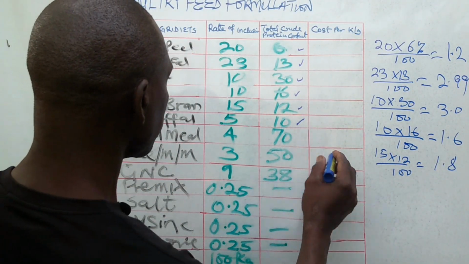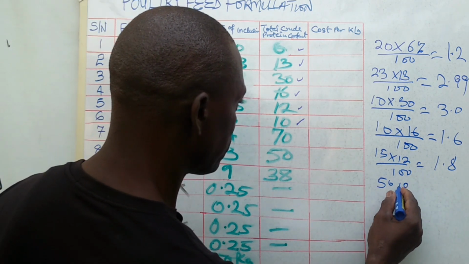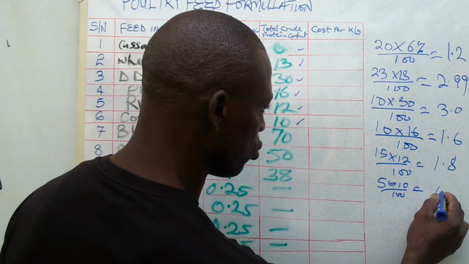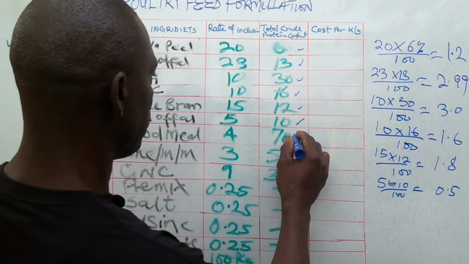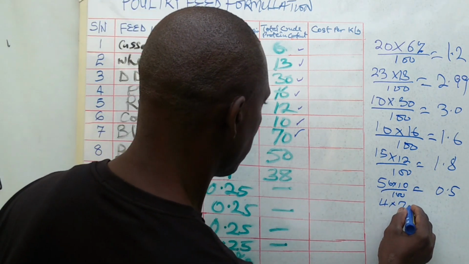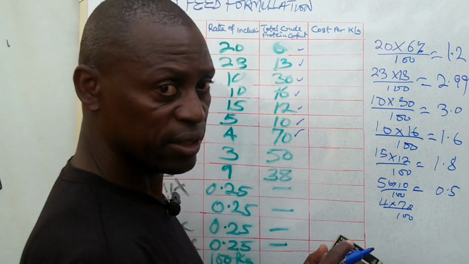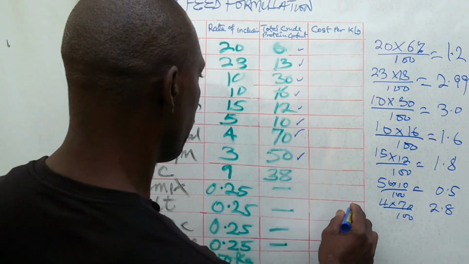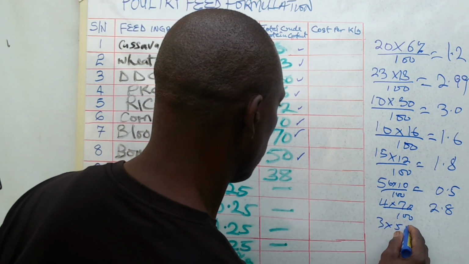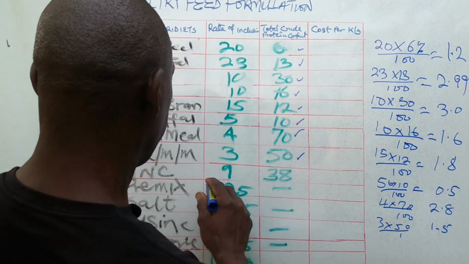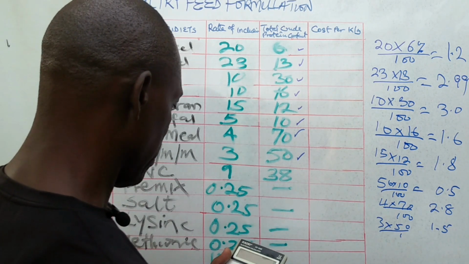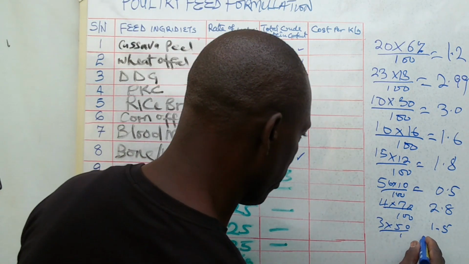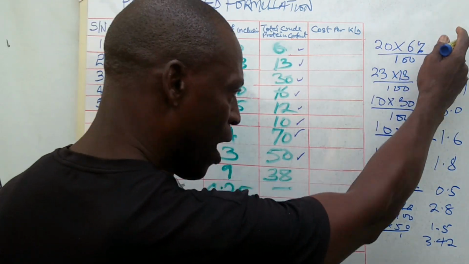Next one, 5 times 10 all over 100, which will give us 0.5. Next one is 4 times 70 all over 100. This will give us 2.8. Next one is 3 times 50 all over 100. This will give us 1.5. The next one is 9 times 38. It will give us 3.42. We need to add all this now.